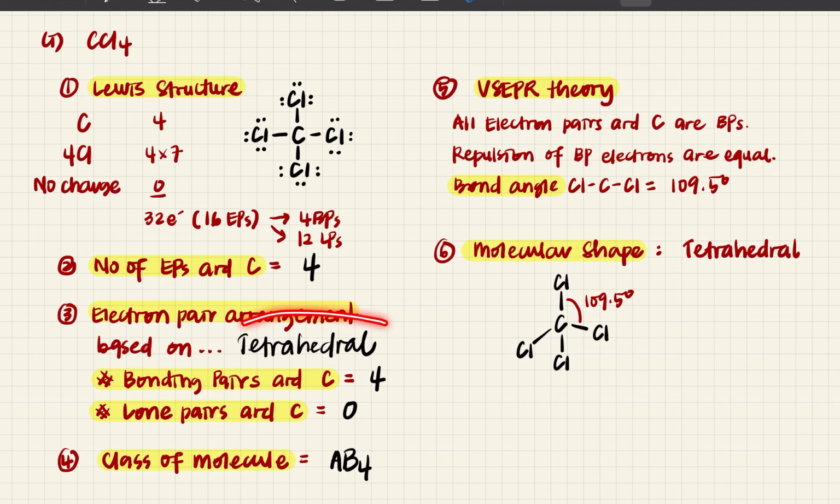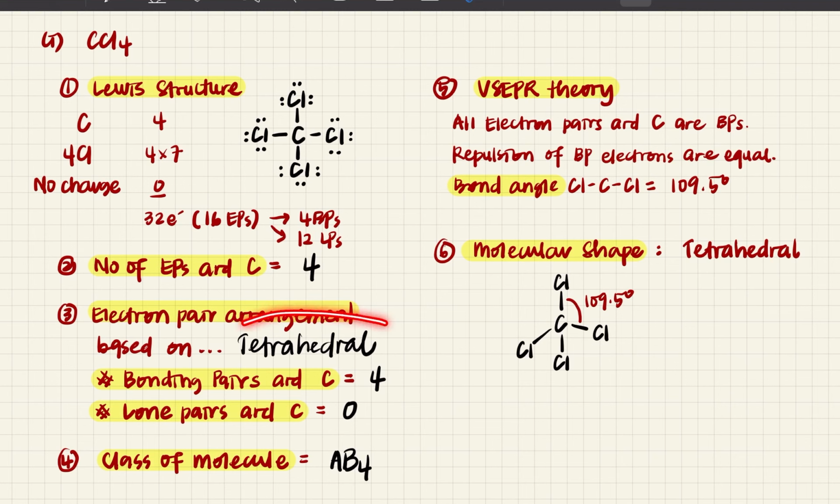Okay, so after that, we are going to look at the class of molecule. Once we have this, we can easily write AB4L, okay, AB4L with 1 lone pair. Alright, so from there, you can refer to your table in the notes, okay, to get the shape of your molecule.